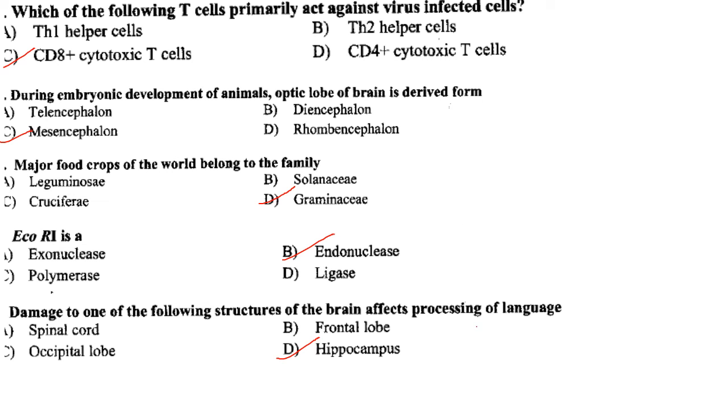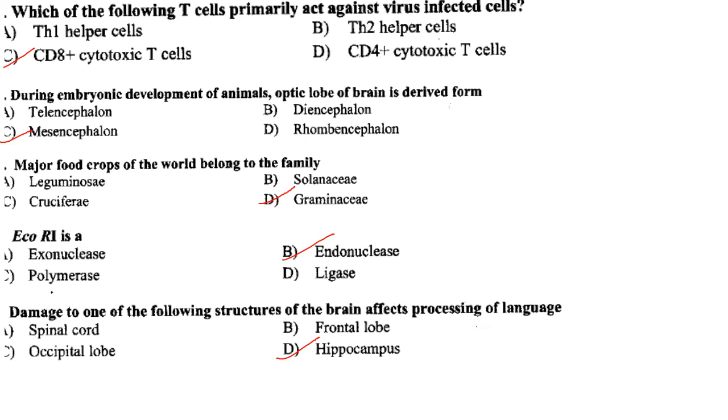Then which of the following T cells primarily act against virus infected cells? So it is the CD8 plus cytotoxic T cells that act against virus infected cells. During embryonic development of animals, optic lobe of brain is derived from... It is derived from the mesencephalon.